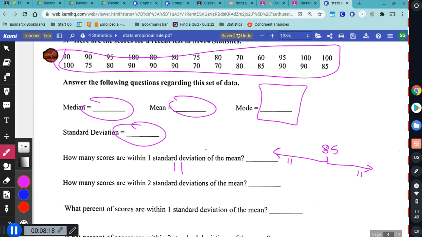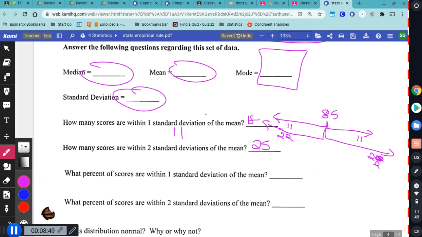There were 18. Yeah, 18 scores within plus or minus 11. Then for the next one, how many are 2 standard deviations away? It's 22. How many are plus or minus 22 units from 85? Okay, and that number is 25.